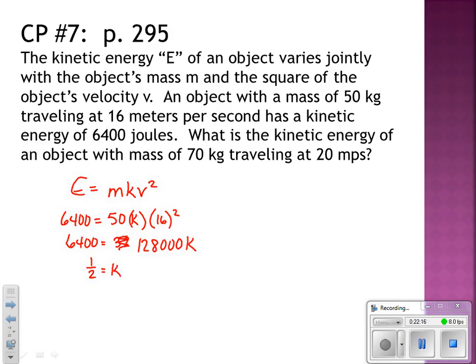So now we can come back over here. We're looking for m and v squared if K happens to be equal to 1/2. So the energy for a mass of 70 and velocity of 20 meters per second, we get 400 times 70 times 1/2.